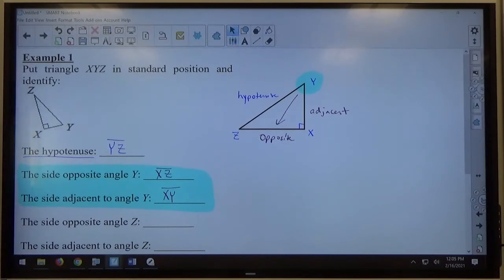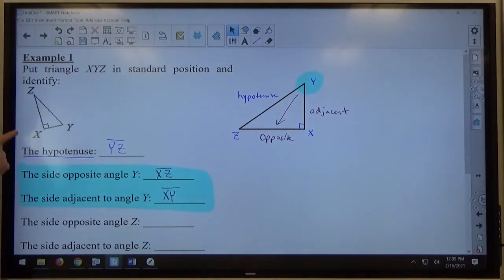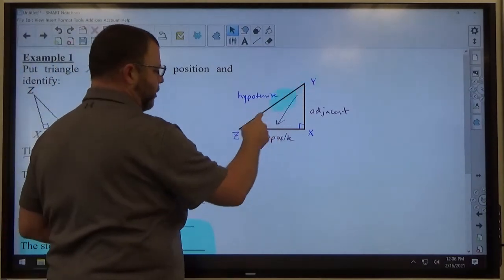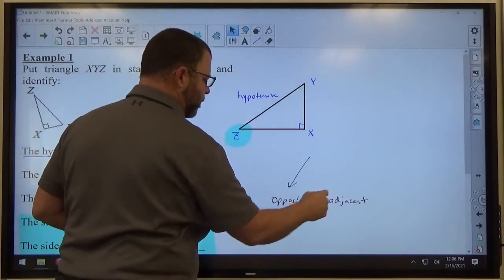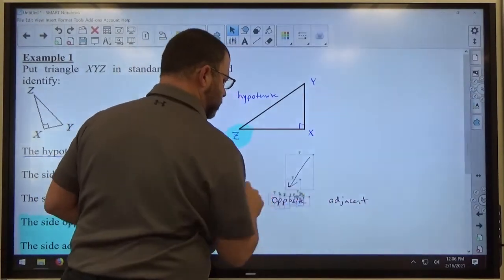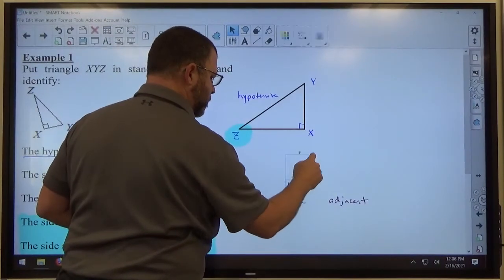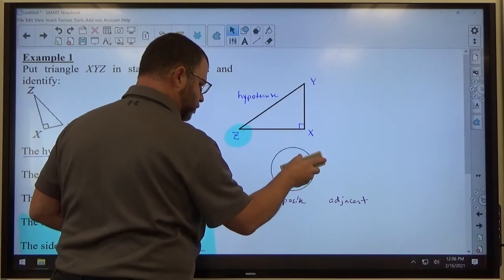All right. Then, if I were to consider, instead of opposite angle Y, now I'm looking at opposite angle Z. So now I'm worried about angle Z. I'll take the word opposite and adjacent out of this. Erase that.